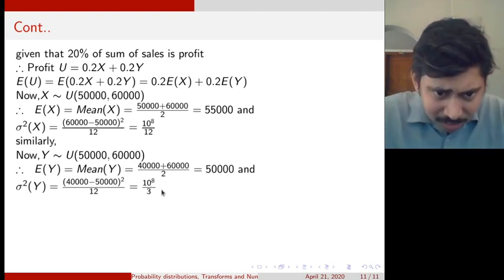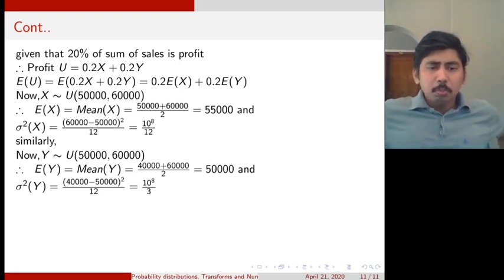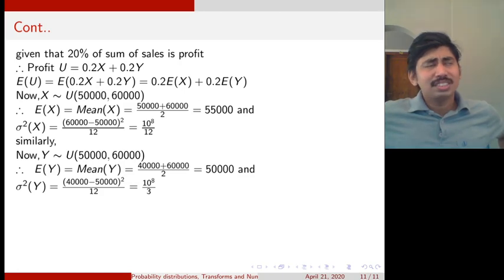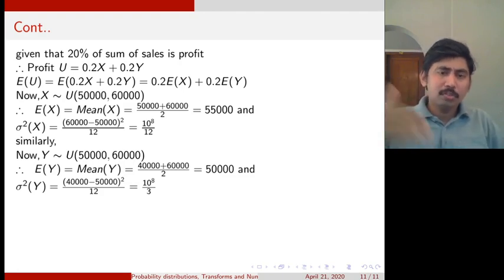Okay, don't be surprised to get a variance this big, because the variance is always of the magnitude of the square of the change. Here, since 50,000 and 60,000 are big numbers, the change will be in that range itself, maybe 10,000, from one value to another value.